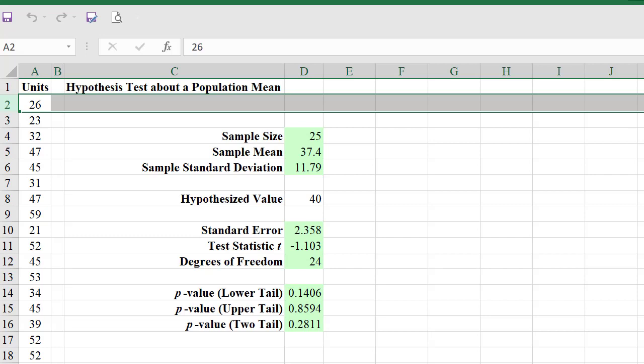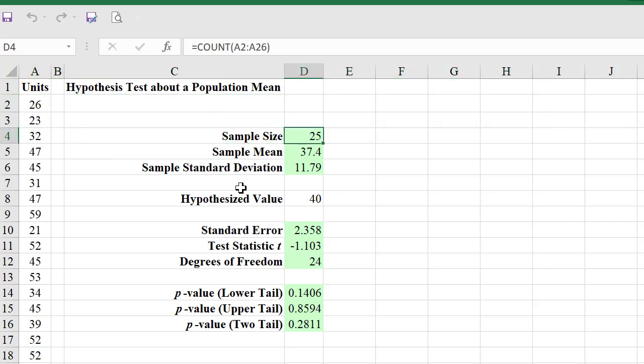So here I've got the orders file on the screen that you can look at and see how they solved it. And you could just run through this yourself. Again, we're calculating the sample size. Since these are numbers, we can use count. We calculate the mean. We calculate the standard deviation of a sample, so STDEV.S.